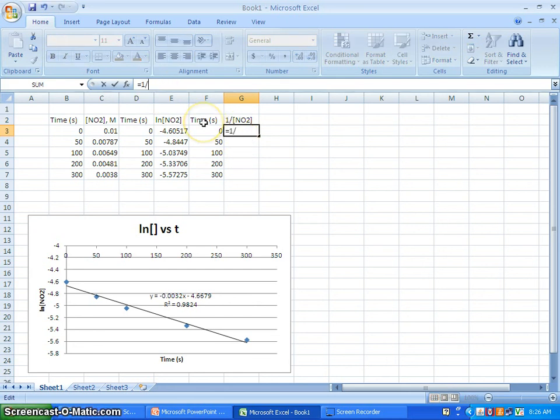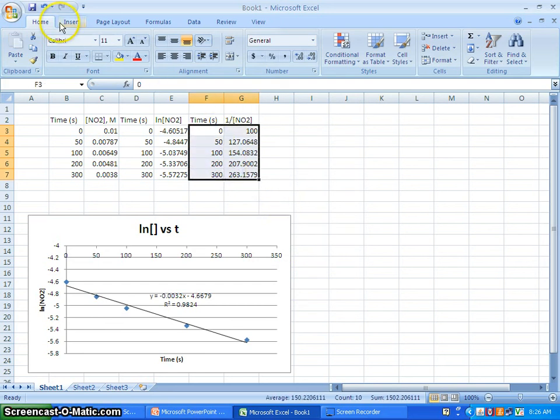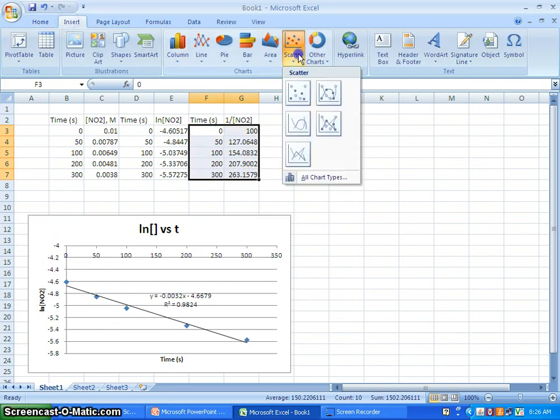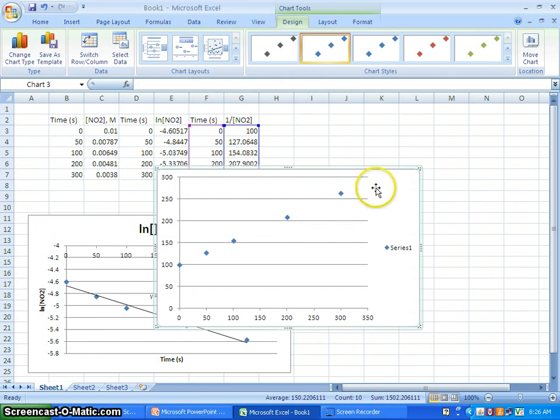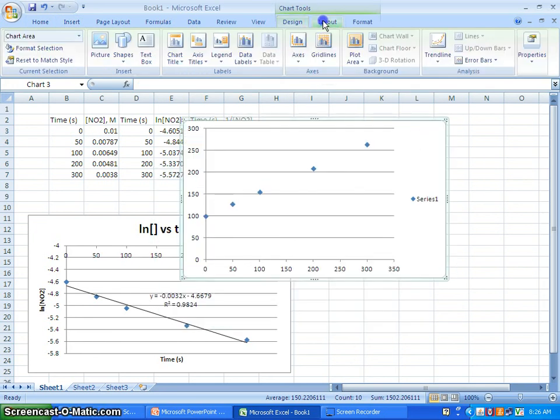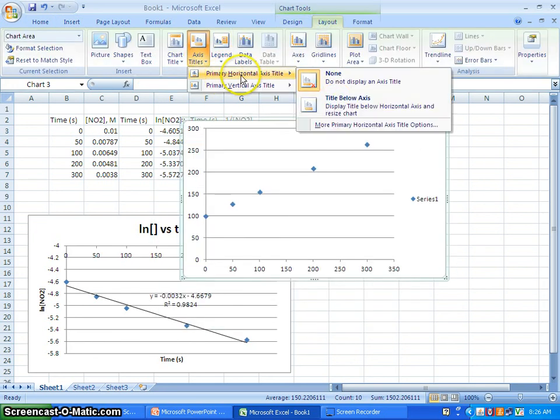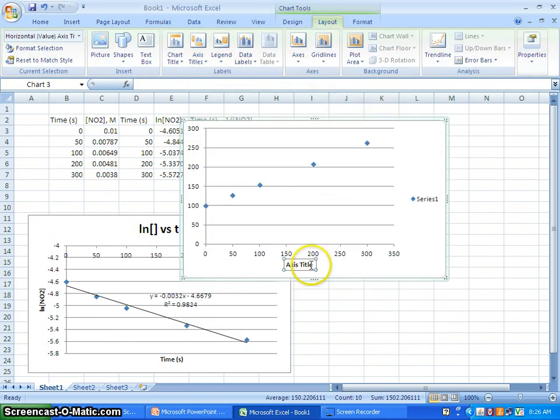Just take 1 divided by our concentration, hit enter, copy them, and drag them down, and you've got all your answers right there. Again, insert, scatter plot, done. So now I have to go to layout and add my axes titles.